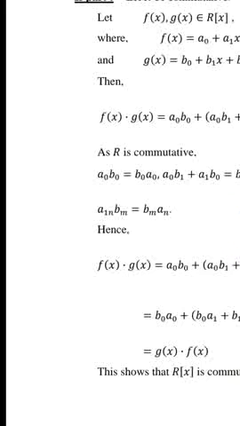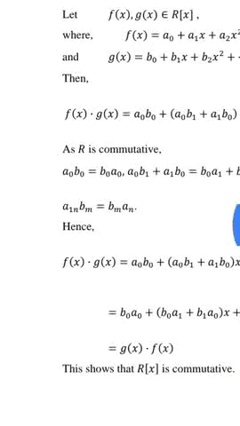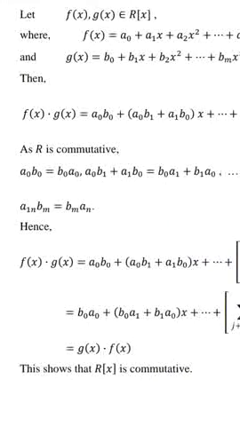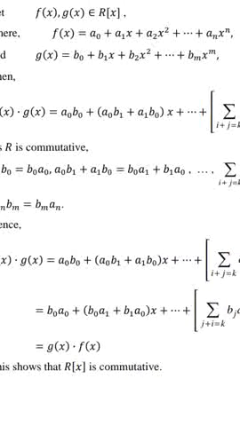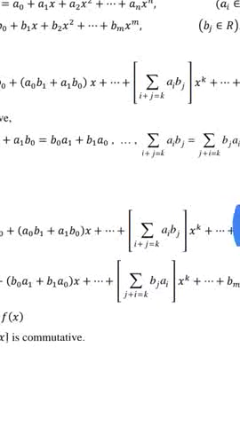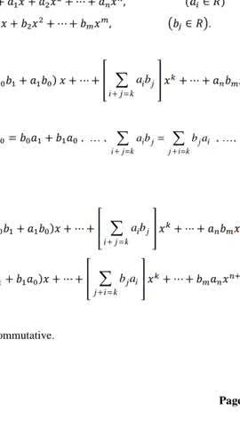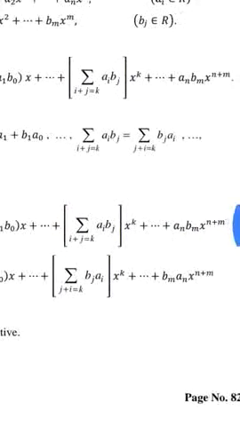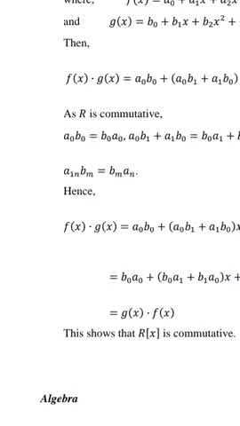As R is commutative, a0b0 = b0a0, a0b1 + a1b0 = b0a1 + b1a0, and in general the summation of ai bj = bj ai, and an bm = bm an.